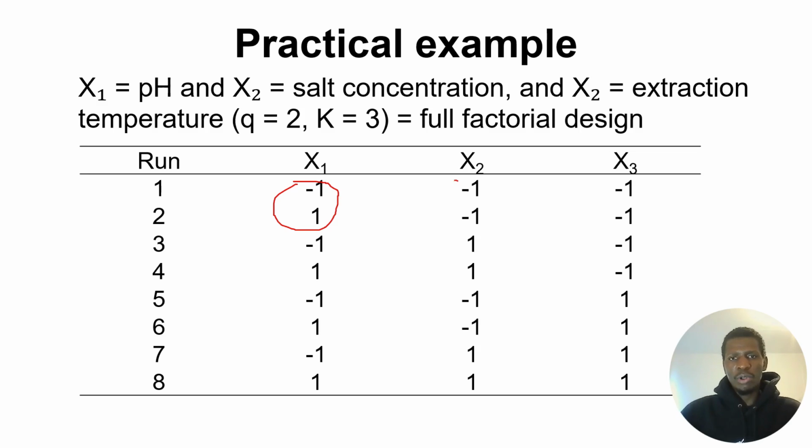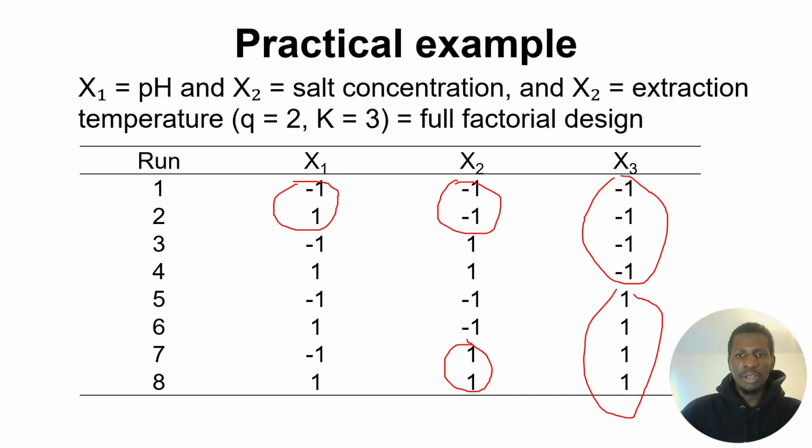Then for the second factor, we alternate -1, -1, 1, 1, right up to the 8th. Then for the third factor, we alternate -1 4 times, then 1 4 times, right up to the 8th experiment. This is a full factorial design with 3 factors at 2 levels.